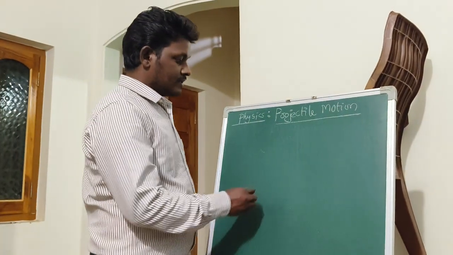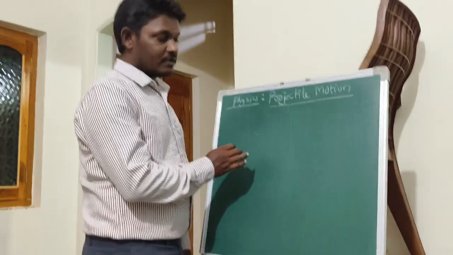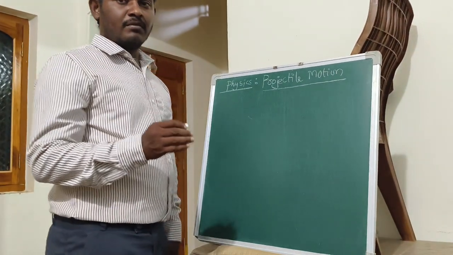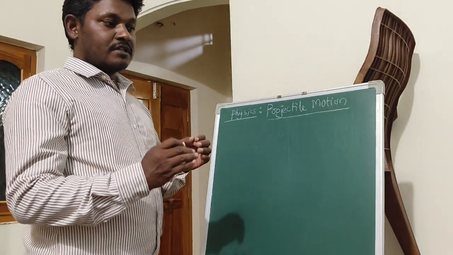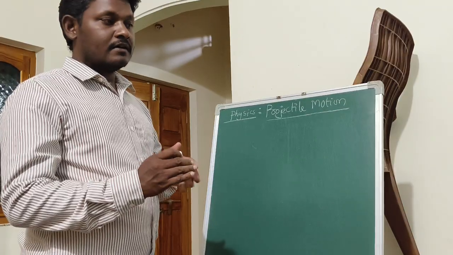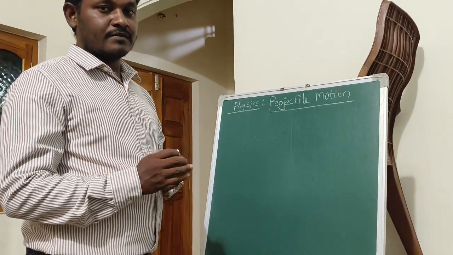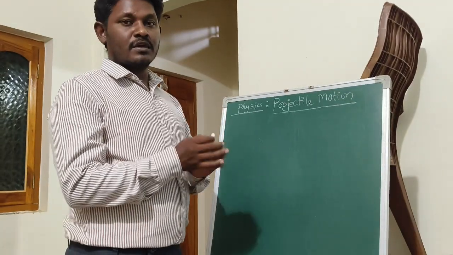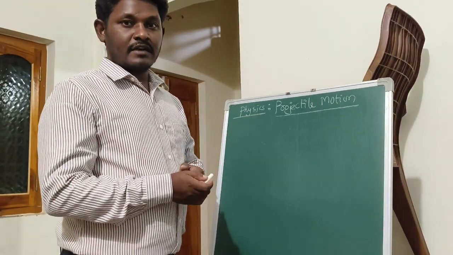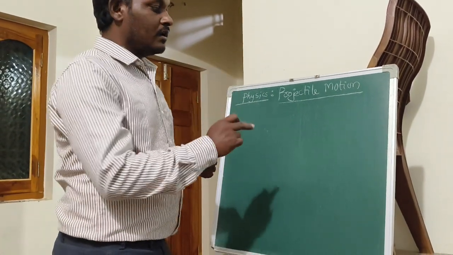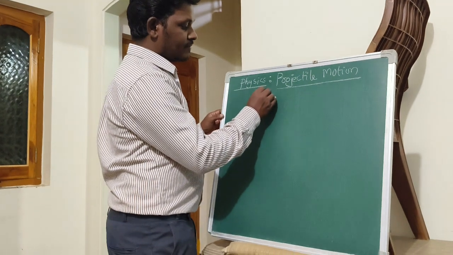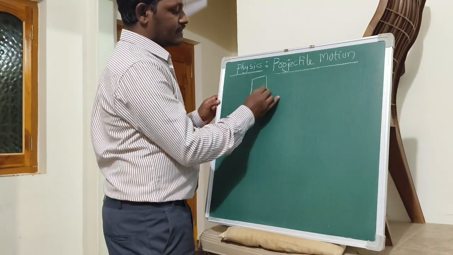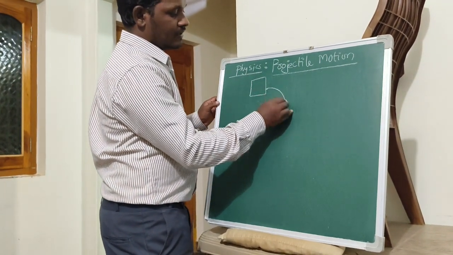Let us take what is projectile motion. If we throw any body at some angle to the horizontal, that is called projectile motion. In daily life, if you put a hole in a water vessel, the water will pour outside to some distance like this.